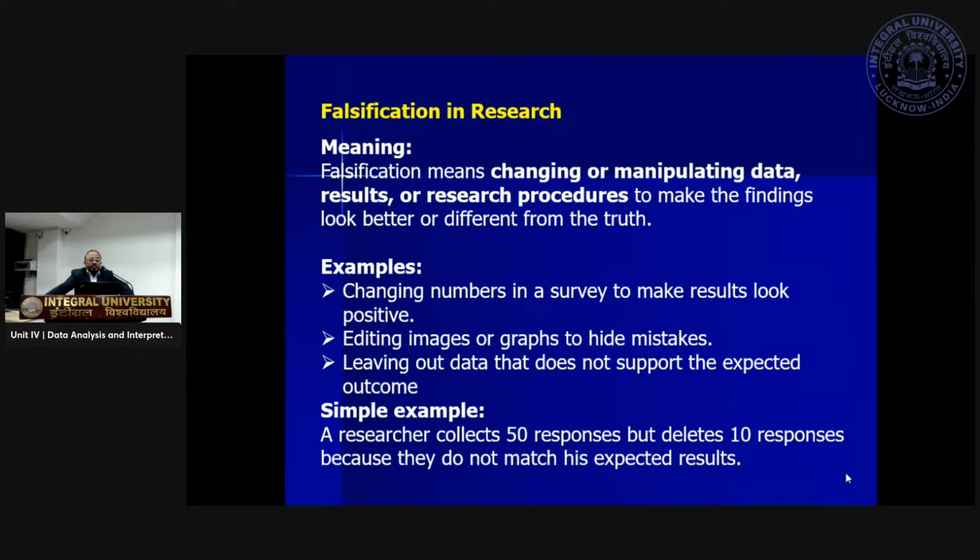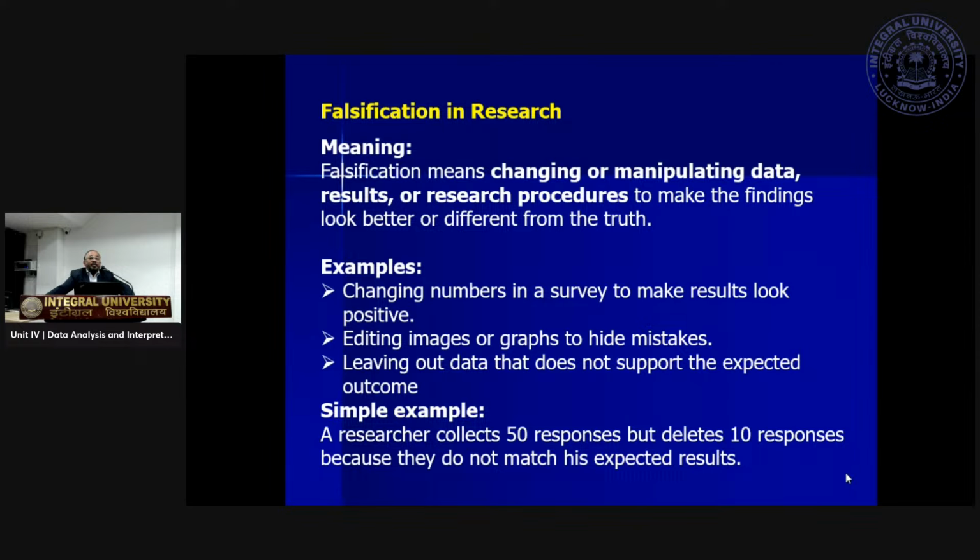Falsification means changing or manipulating data, results, or research procedures to make the findings look better. Generally, research scholars do this, but this is not allowed. Examples: changing numbers in the survey to make results look positive, as somebody told; editing images or graphs to hide mistakes.